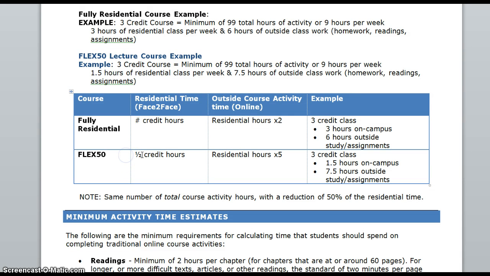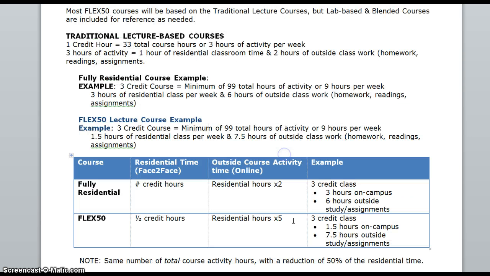In Flex 50, we're doing half of the credit hour in residential time, but then the outside course activity time is actually the residential hours that you have times 5. So what that means is if you have a 3 credit hour class, we're going to spend 1.5 hours on campus, so half of that 3 credits, and then 7.5 hours of outside study time.